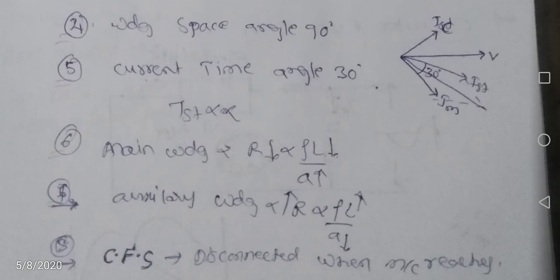So here see the vector diagram. V is the supply voltage, taken as common, and IST and IM. Here IST is the starting current, the auxiliary winding current. We can say that IST and IA are the same.